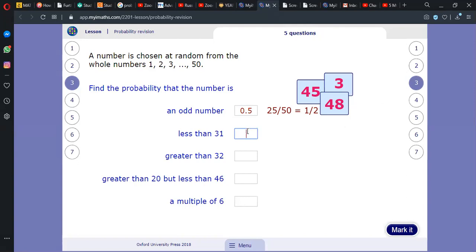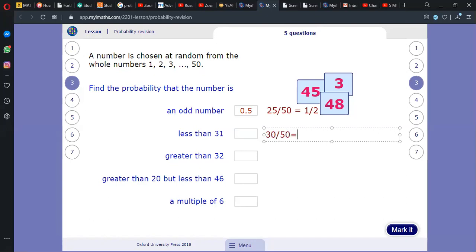Now let's move to the next one. Less than 31. The probability that the number is less than 31. So the question is, how many numbers are less than 31 from 1 to 50? So you're going to have to count from 1 to 30. 1 to 30 are all less than 31. So the probability is 30 out of 50.